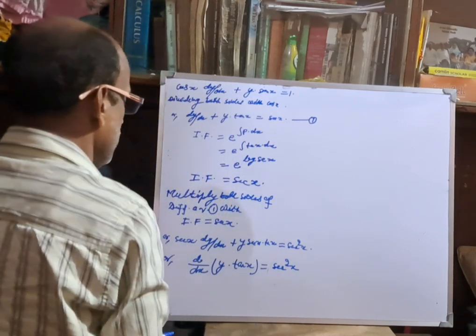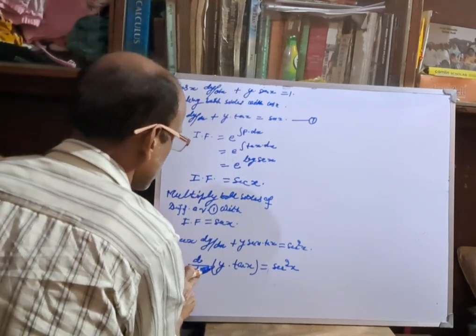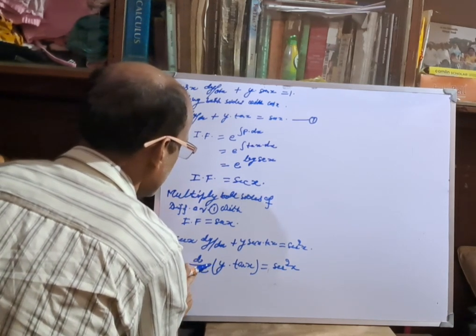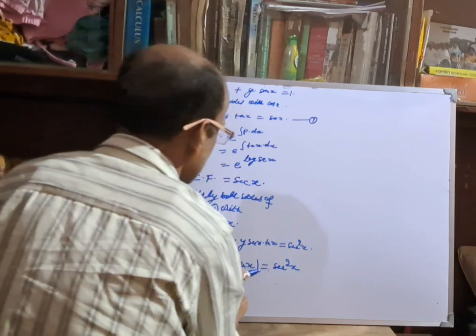Okay. One thing I can do here, in this step I can do directly. This becomes d by dx of this.